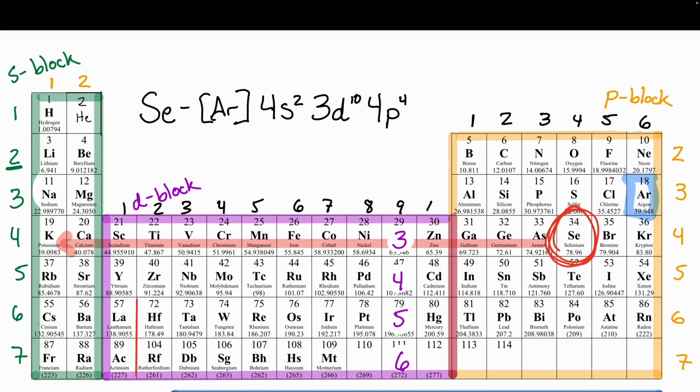All right, so my electron configuration for selenium using that noble gas abbreviation, I use argon plus everything that comes after argon but before selenium, right? So I also have to include the 4s, the 3d, and my 4p where selenium lives. Cool?